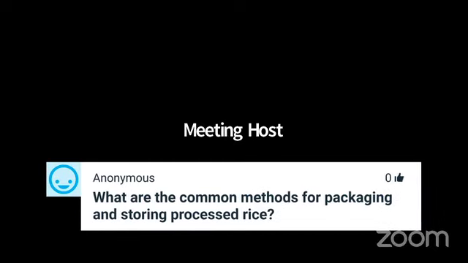What are the common methods for packing and storing processed rice? Common methods: one is the normal weighing scale system with PP bag filling, and another is gunny bag filling.